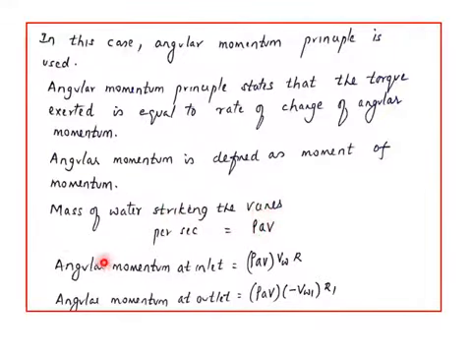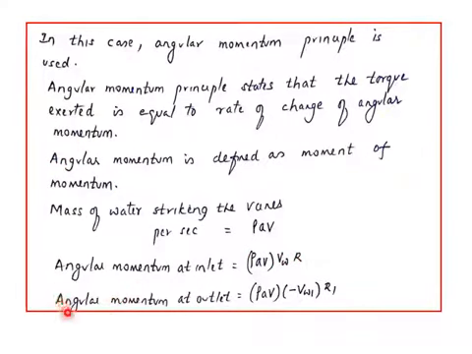What is angular momentum at the inlet? Momentum is mass into velocity, and moment of momentum is momentum into the distance r, which is nothing but angular momentum.